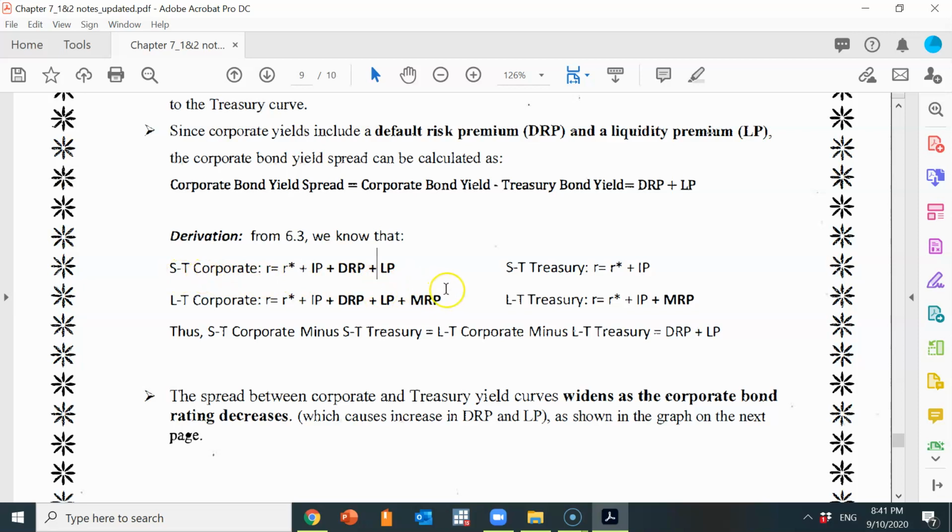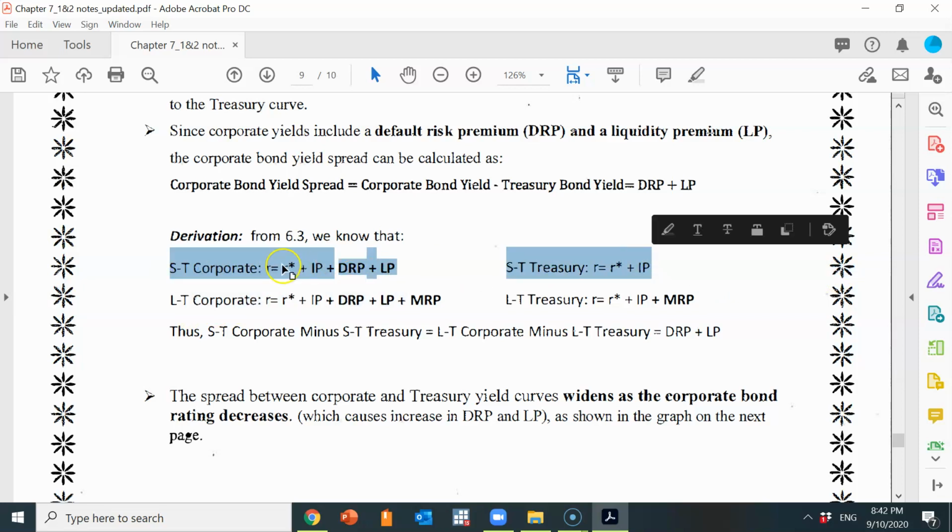Because it's short-term, we do not have MRP. For short-term treasury, R equals R star plus IP, nothing else. So short-term corporate and short-term treasury differ only by the sum of DRP and LP.